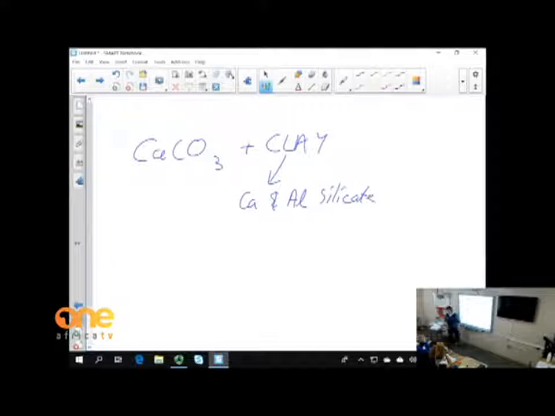It's heated with clay in a furnace at about 1,400 degrees Celsius. The product is a mixture of calcium and aluminium silicates. These are in powder form when they come out of the furnace.